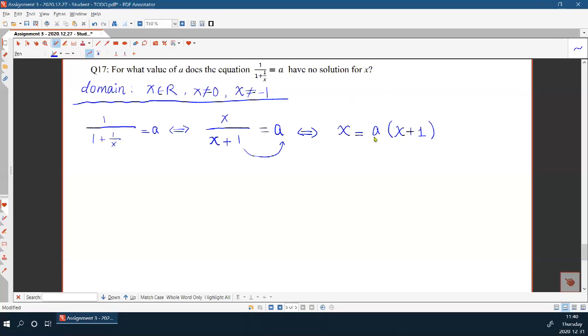Because you want to solve for x, you need to put all the x's together. So the last equation becomes x equals ax plus a, which is equivalent to, if I put ax on the left-hand side, 1 minus a times x equals a, right? And then you can see from here, you can solve for x.